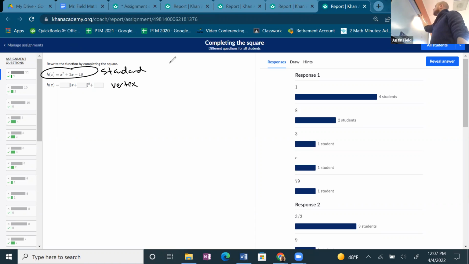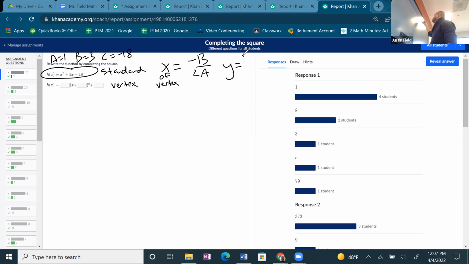Okay, and so we're going to use the fact that the x value of the vertex is negative b over 2a. All right, so we know a is 1, b is 3, c is negative 18, and then the y is just going to be h of negative b over 2a.